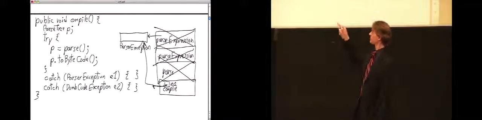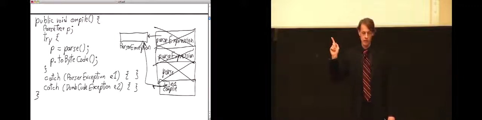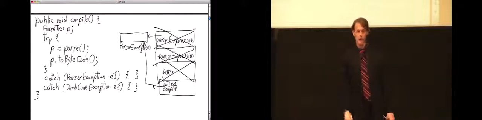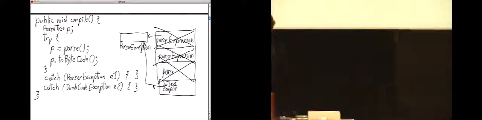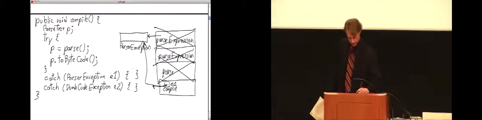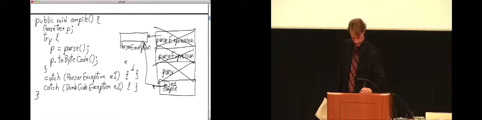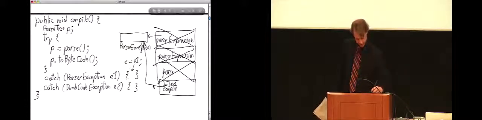Actually, no, you can't declare E1 outside of the try block or outside of the catch. But what you can do is, if you want to have it around afterwards, you can certainly assign it to another variable. Like you can say E equals E1 here, and exception E up here.